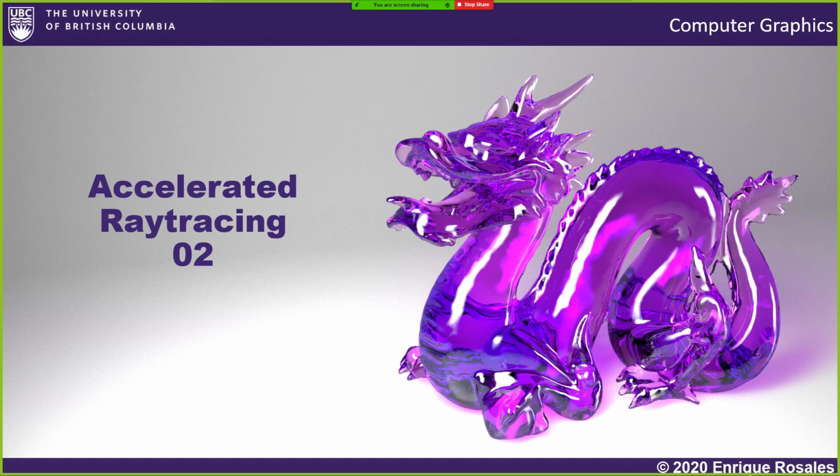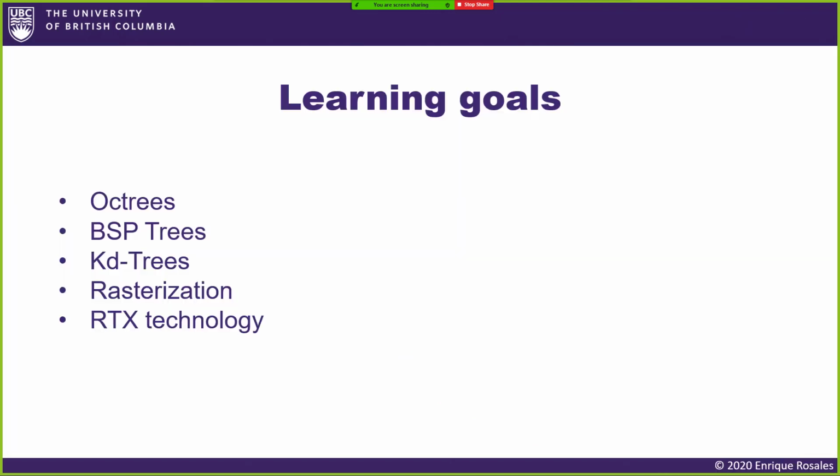Okay, so we will keep talking about accelerating ray tracing techniques, and specifically we will keep talking about Octrees. It is basically what we were discussing before, these regular grids, this space partition thing.